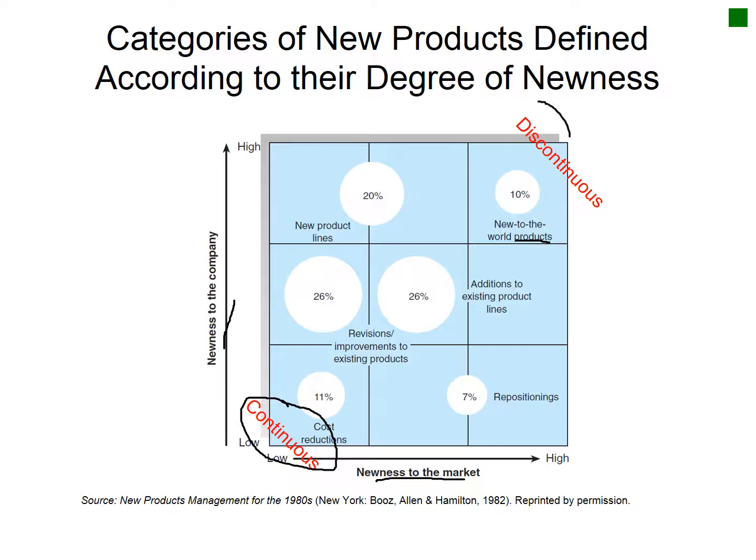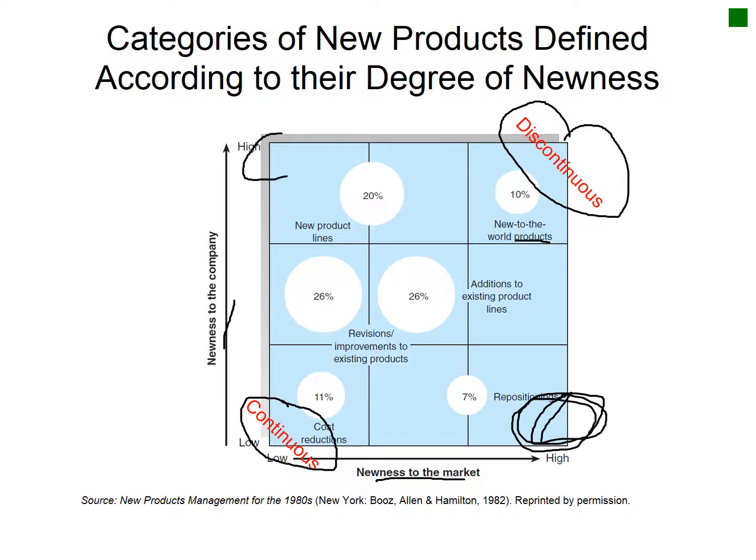Up here, we have discontinuous innovations, innovations that require a lot of behavioral change on the part of the company and the marketplace. In this corner down here, these would be fairly discontinuous for the customer only, but not necessarily for the firm.